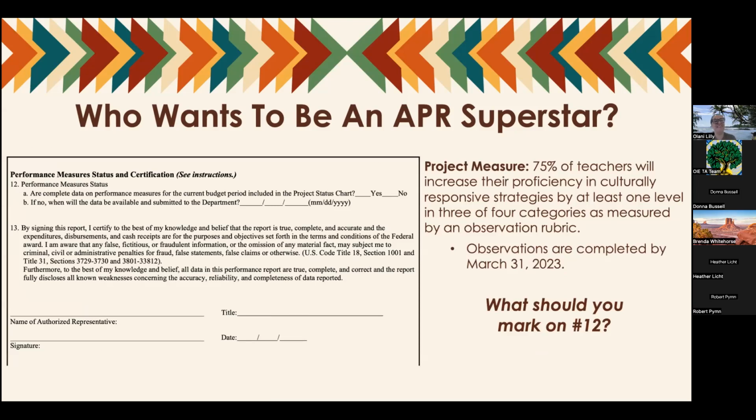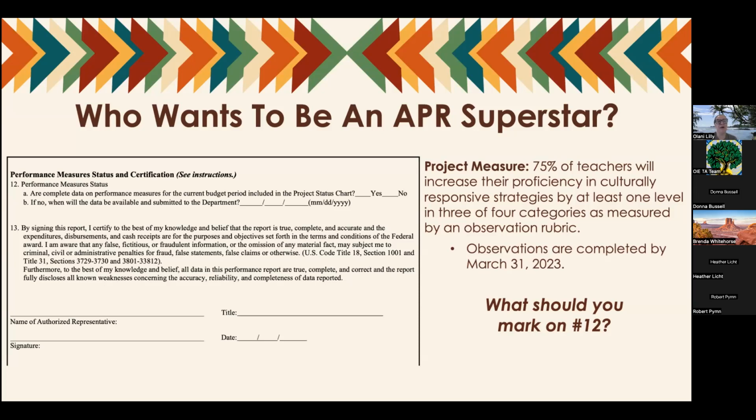All right, here's a scenario that does not include any math. Take a look at this scenario: 75% of teachers will increase their proficiency in culturally responsive strategies by at least one level in 3 of 4 categories, as measured by an observation rubric. The observations are completed by March 31st.